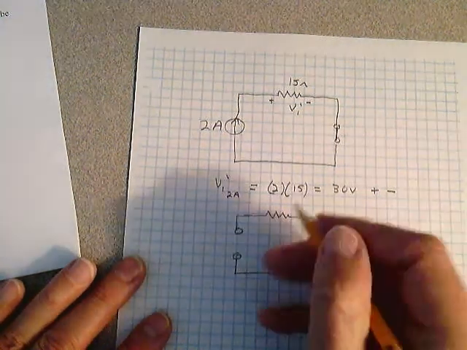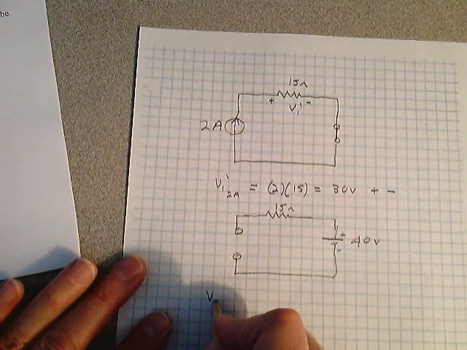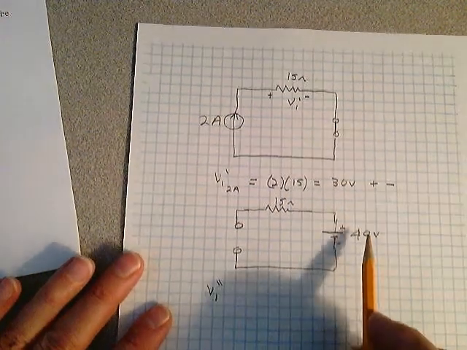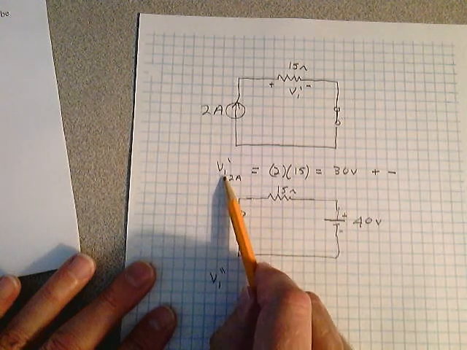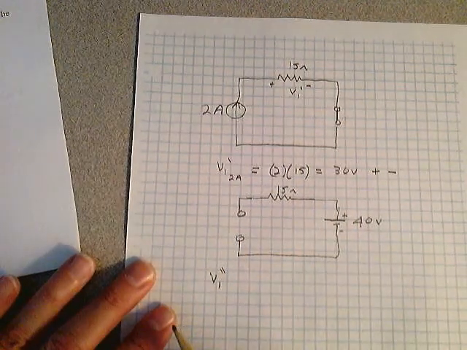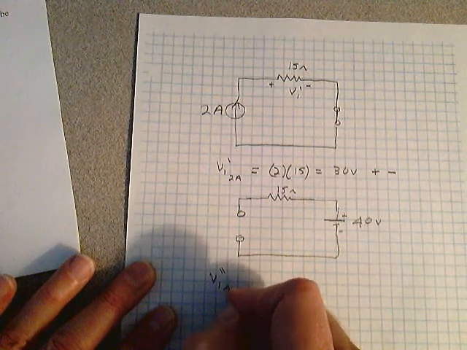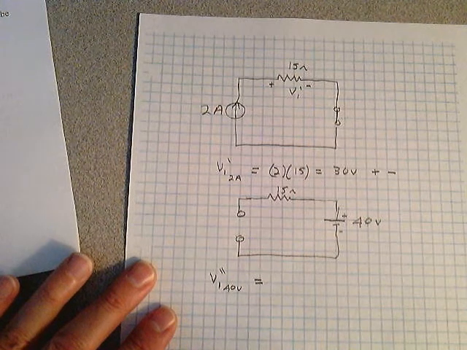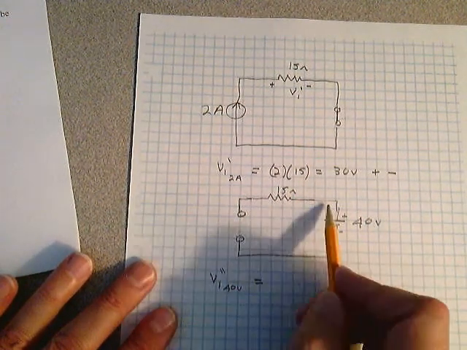So, V1 double prime, because this is our second calculation now. This was our first calculation. We get V1 prime due to the 2 amp. Down here it's V1 double prime due to the 40 volt. It's equal to, that's an open circuit right there. No current can flow.